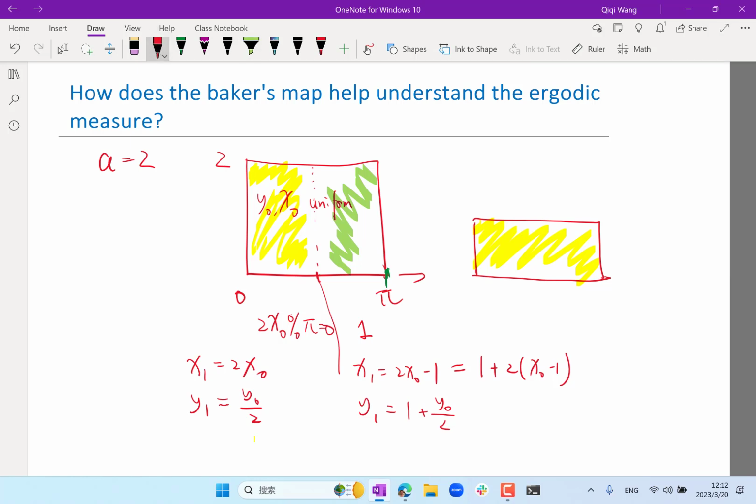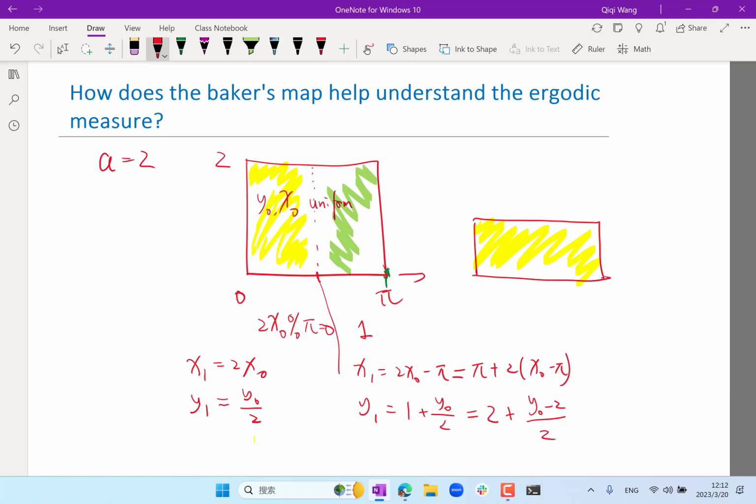Oh, okay. So I wrote 1 again, but I should be saying pi. This is pi plus 2 times x0 minus pi, right? Okay, so what that means is we are expanding the x-axis starting from pi, and the y-axis we are shrinking, but with the base of 2, so 2 plus y0 minus 2 over 2, right?